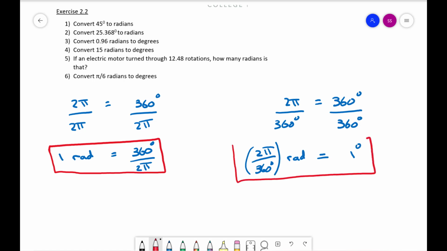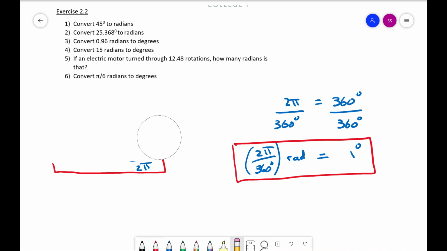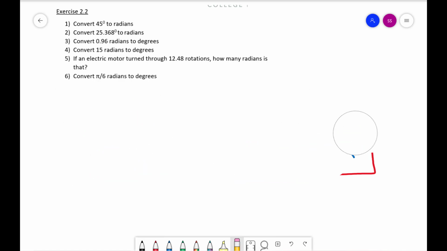And there is our second conversion, which basically means that if you want to turn degrees into radians, you multiply by 2 pi over 360. Okay, so let me just clear this off then, and I'll rewrite my main identity at the top, and then that should be all that we need in order to do our conversions.